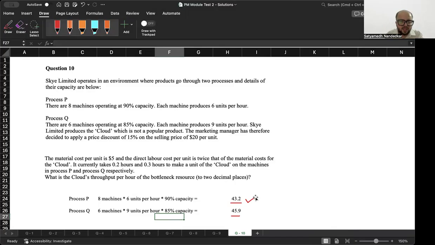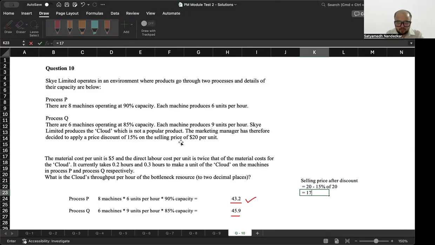What have they asked you? They have asked me to calculate throughput per hour on the bottleneck resource. What is throughput? Throughput is selling price minus material cost. Normally the selling price is 20 per unit, but the manager is giving a discount. So selling price after discount will be 20 minus 15% of 20.